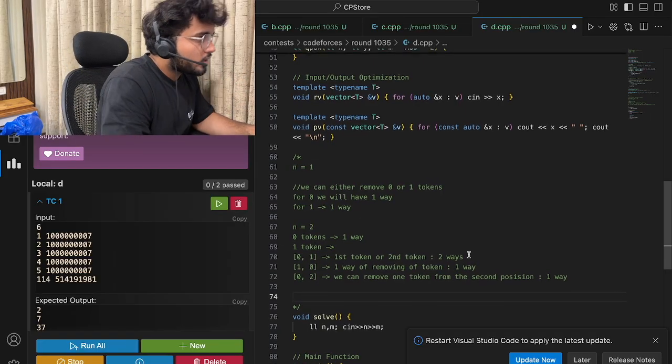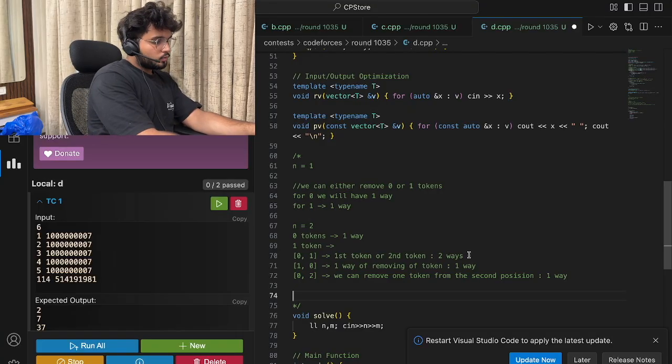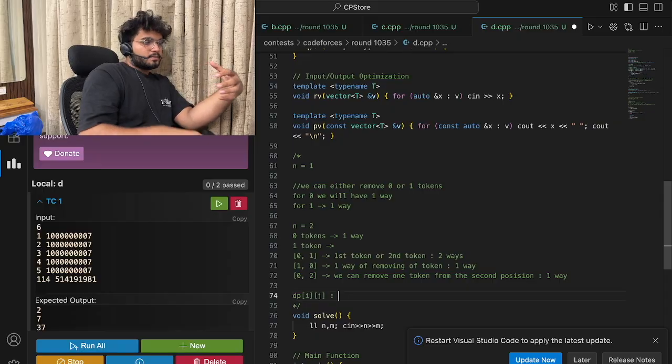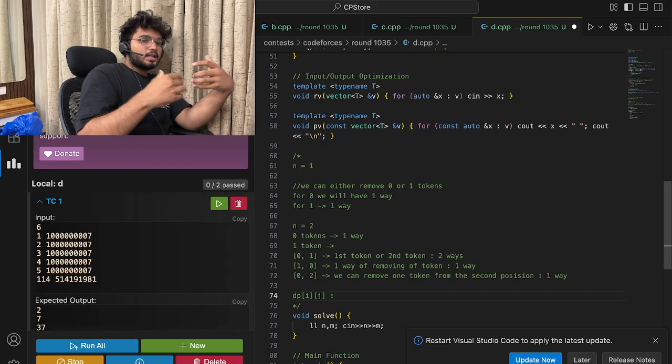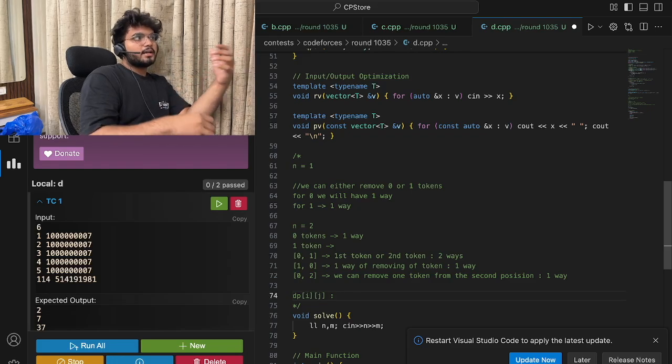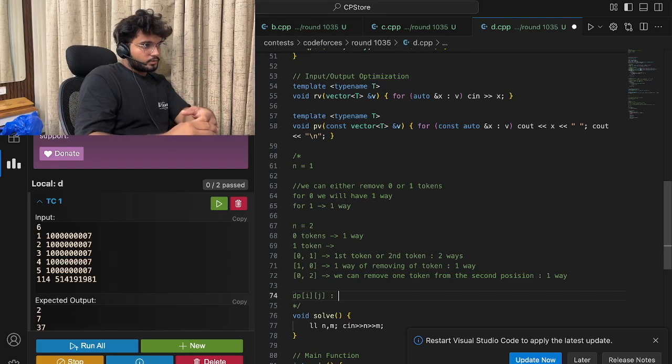So what I did here was I tried to create a DP with states i and j. Why? Because I was trying, let's say if I'm somehow able to find the answer for smaller values of n, then somehow I'll try to calculate the answer for the bigger values of n.